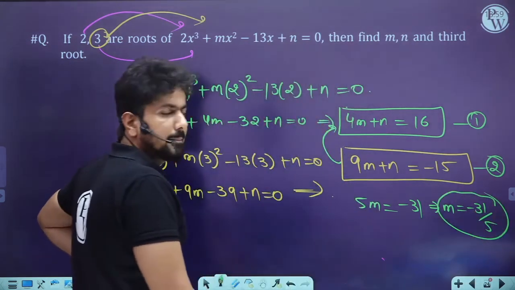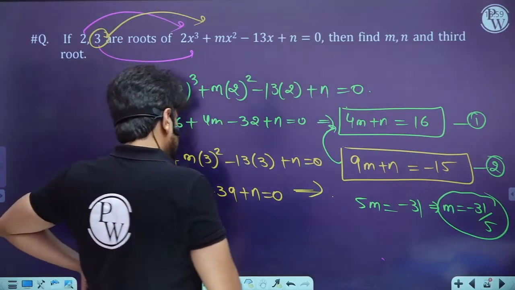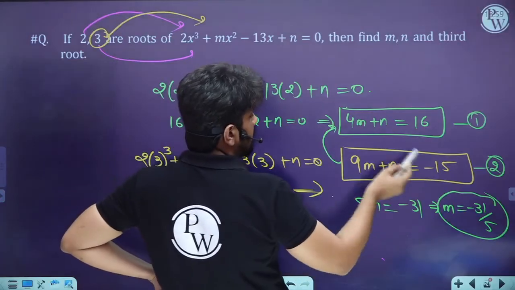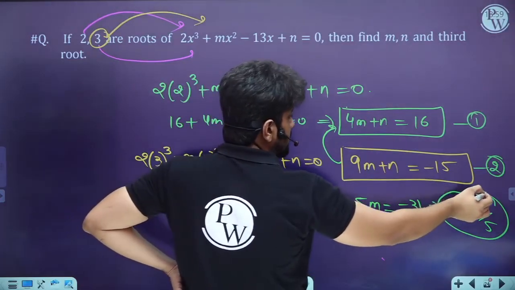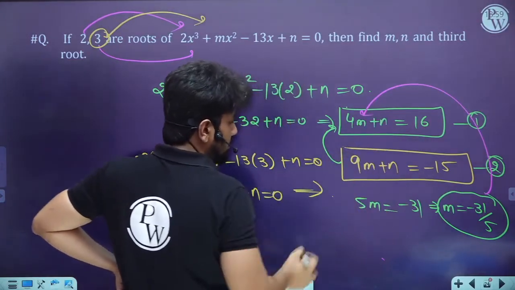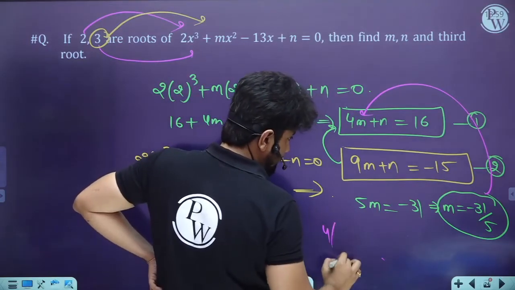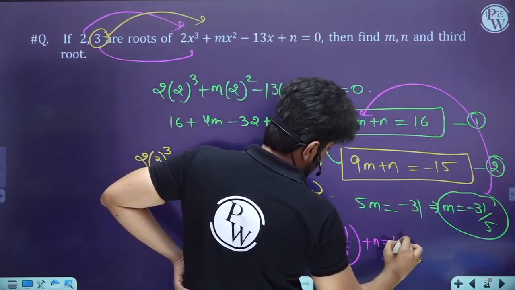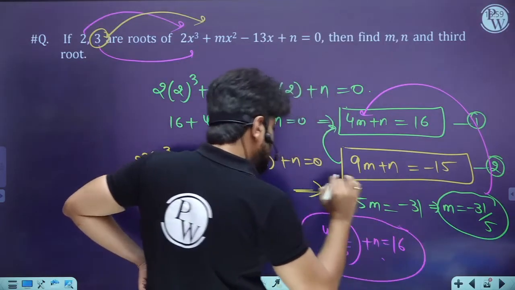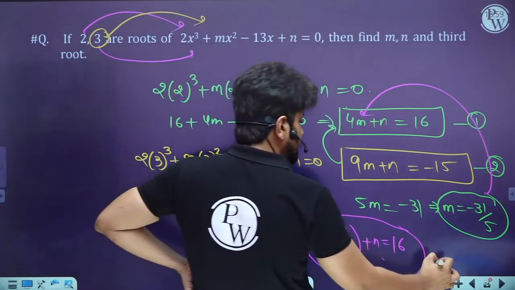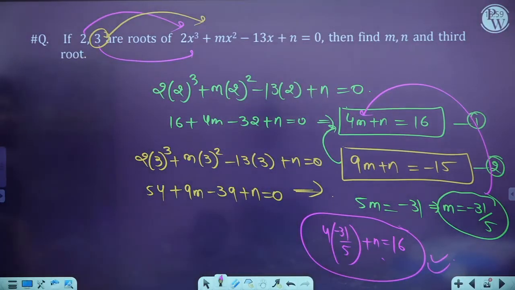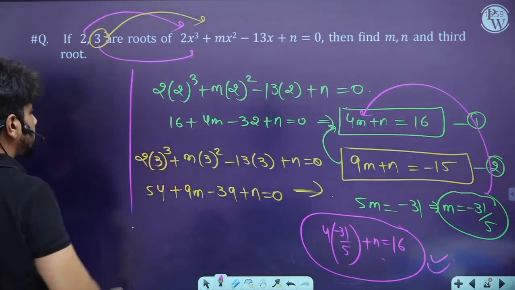In a similar way, put the value for m in either of these equations and you get the value for n. That is, 4 times minus 31 by 5 plus n is equal to 16. From this equation, you can get the value for n also. What else are they asking? They are asking us about the third root. What's the third root?